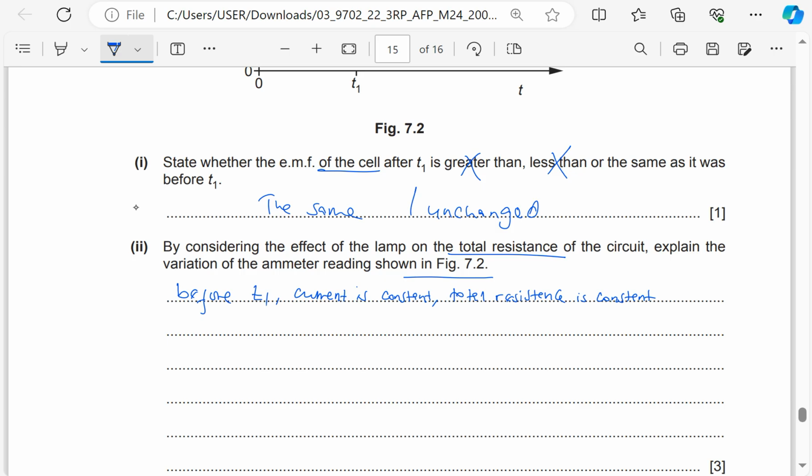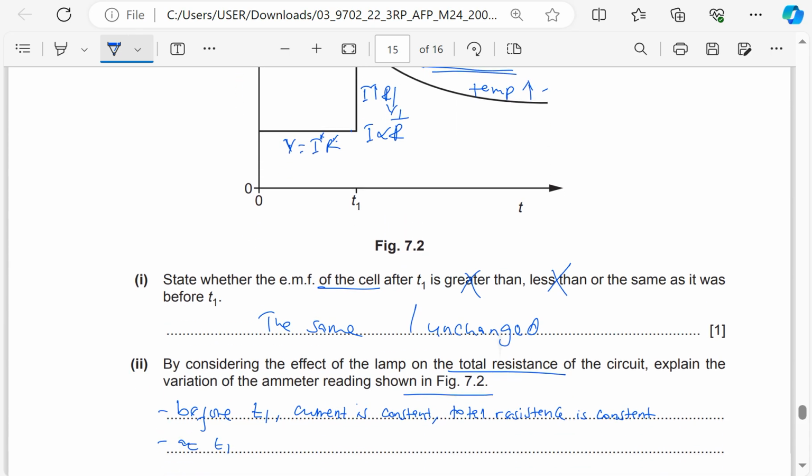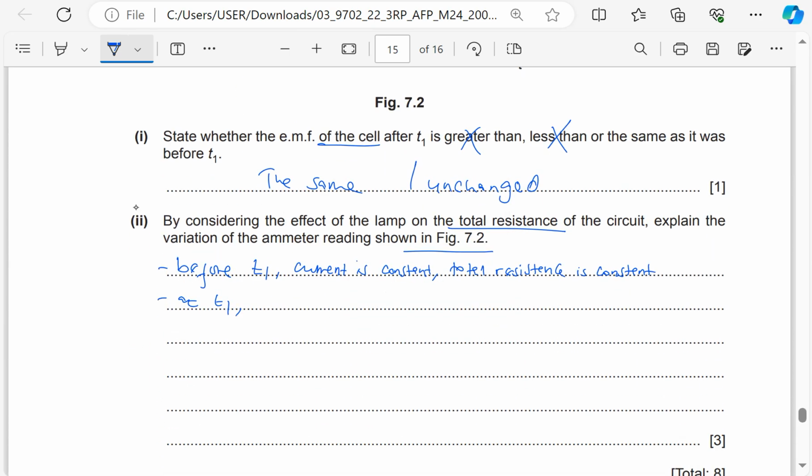Initial total resistance is constant. Then at T1, exactly at T1, we see that the current increases rapidly. Why does current increase? Because total resistance decreases.